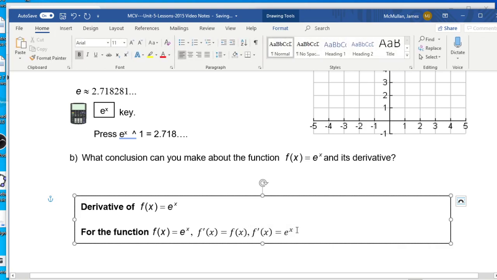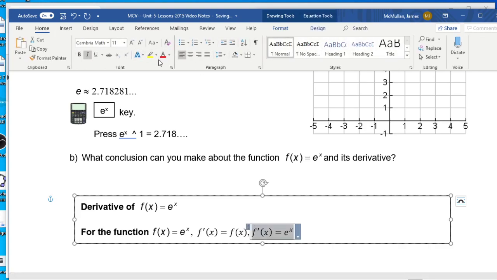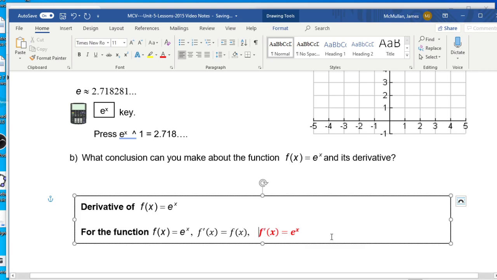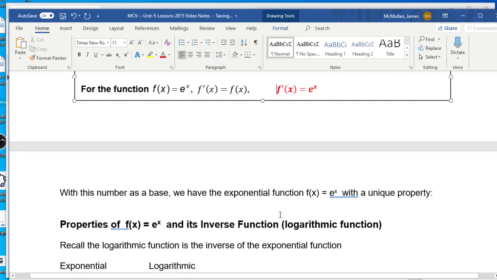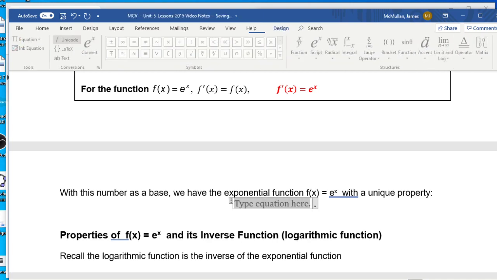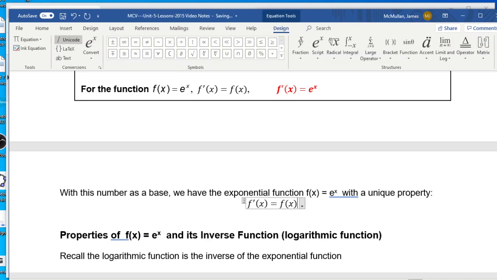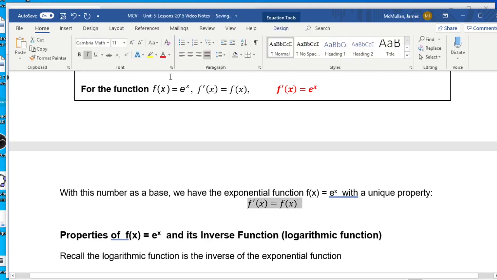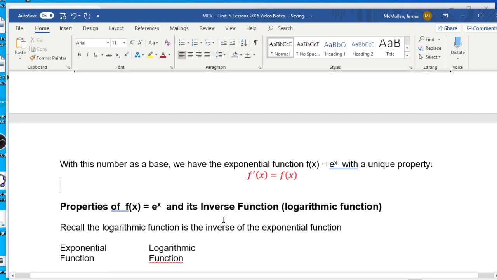Okay, so this is a unique function, really important to us in the exponential functions unit, where the function is its own derivative. Okay. Now, with this number as a base, you have an exponential function e to the x, which has a unique property, and again, that property is the one we just wrote: f prime of x equals f of x. Right. So that would be what you could say there.